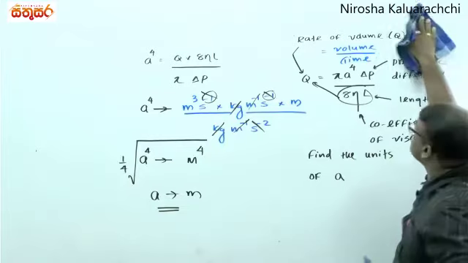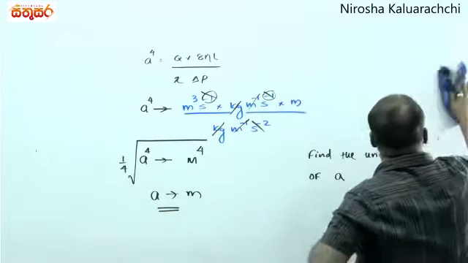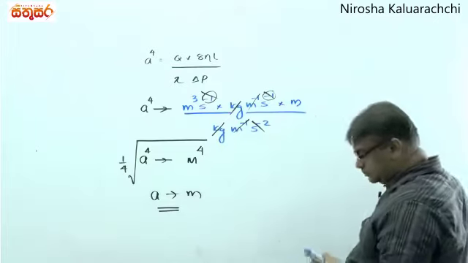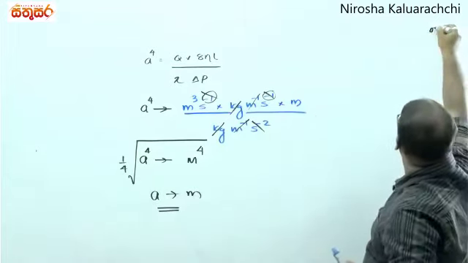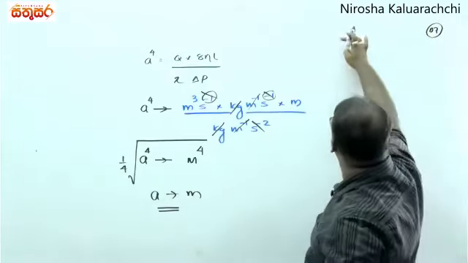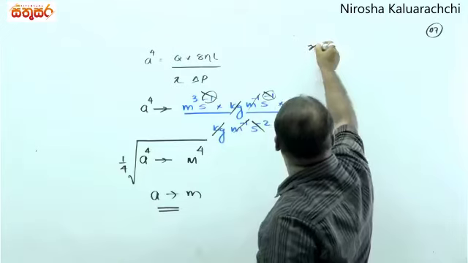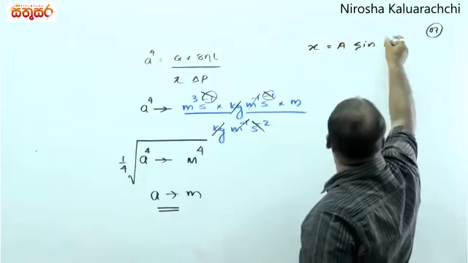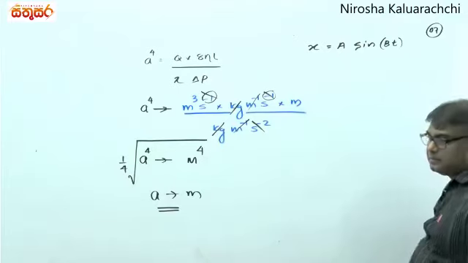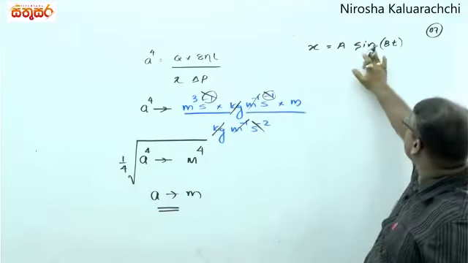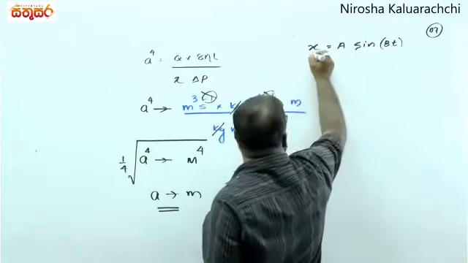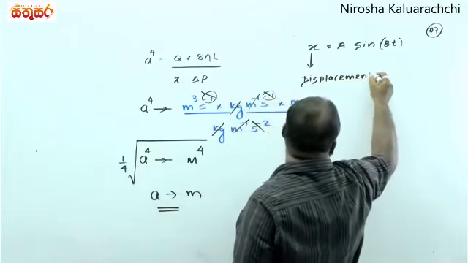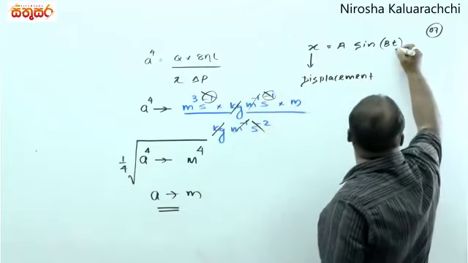Okay, let's see another one. Number 7. X equal A sine BT, where X is displacement, T is time.